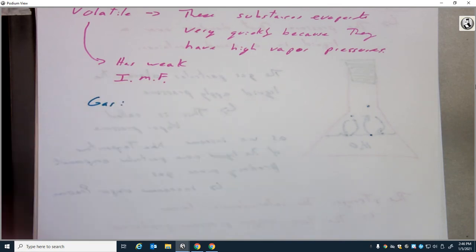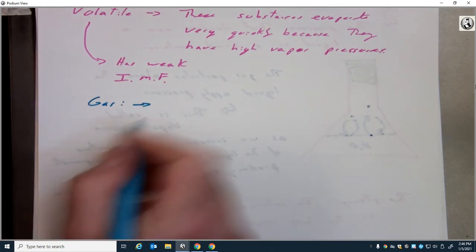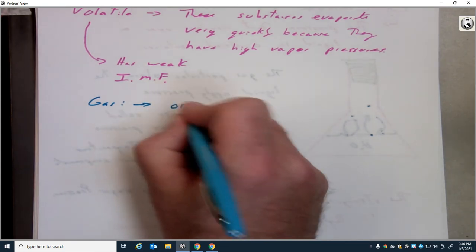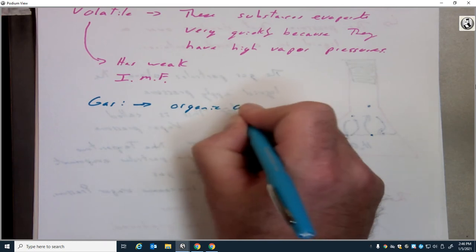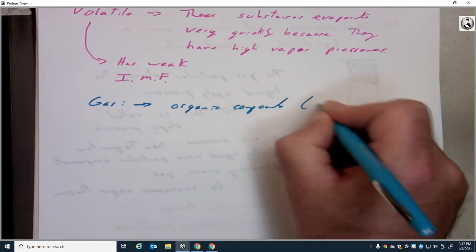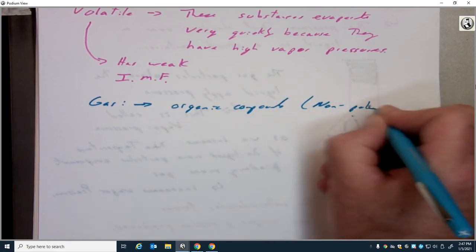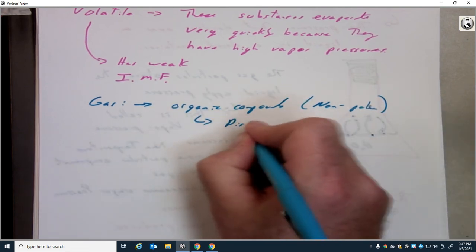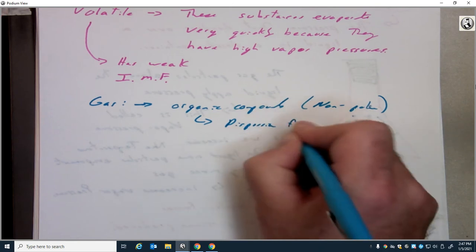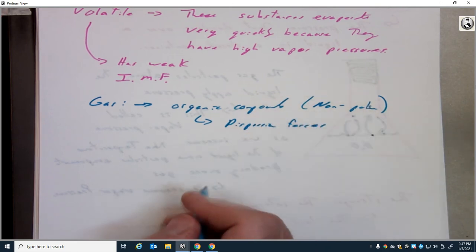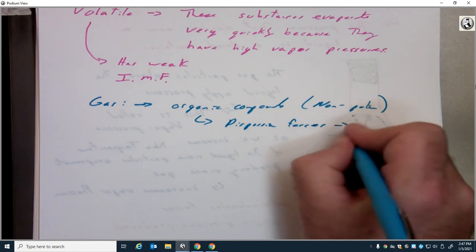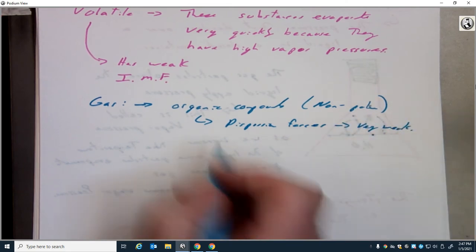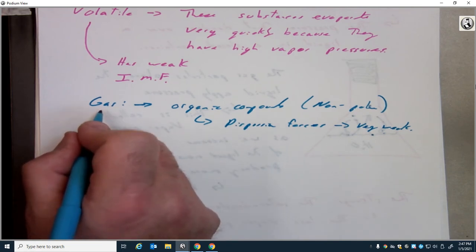Gas is made of organic compounds, which are all nonpolar, which means these all have dispersion forces. These dispersion forces are very weak. So that means gas is going to evaporate very quickly.